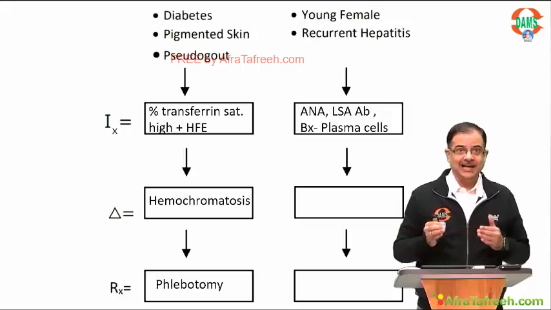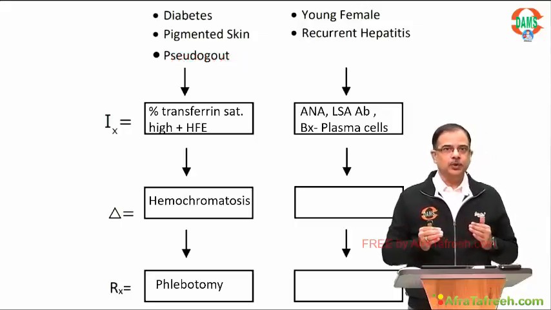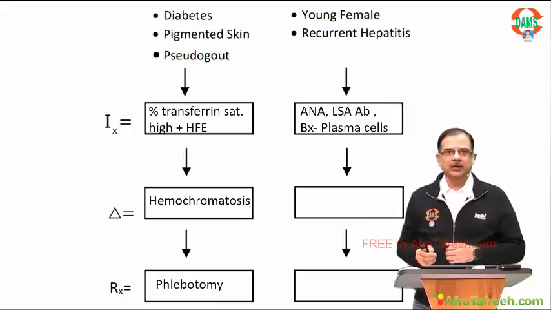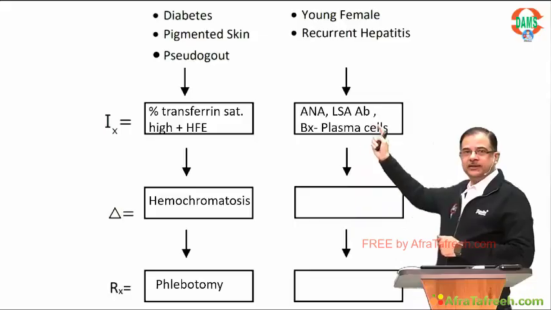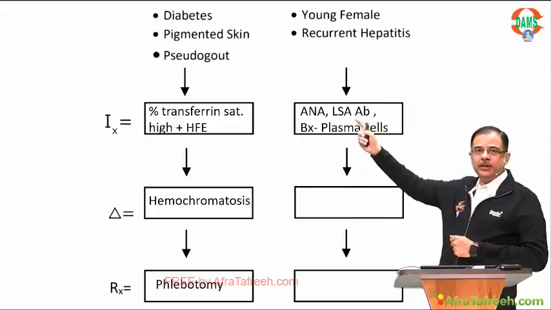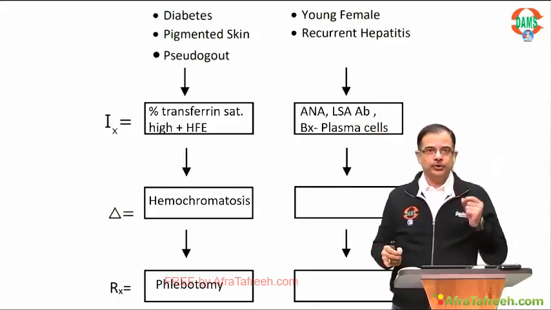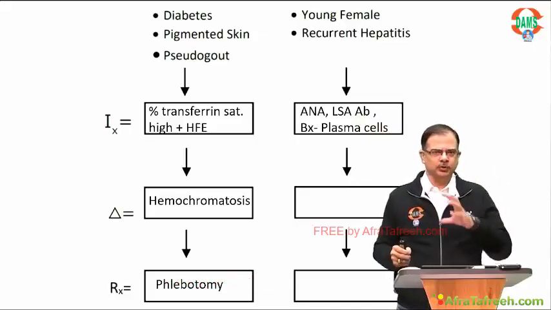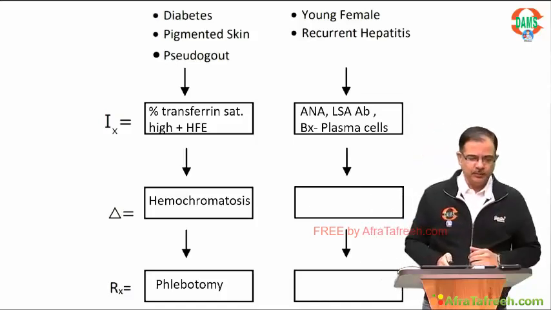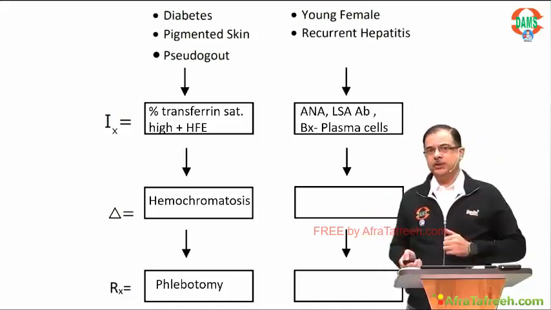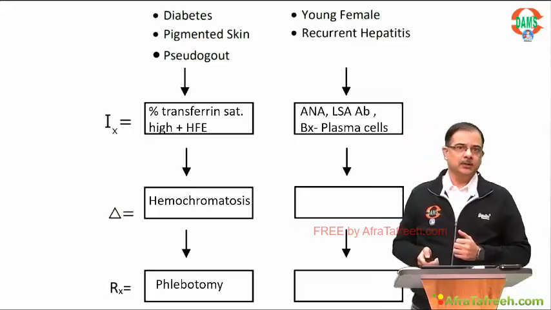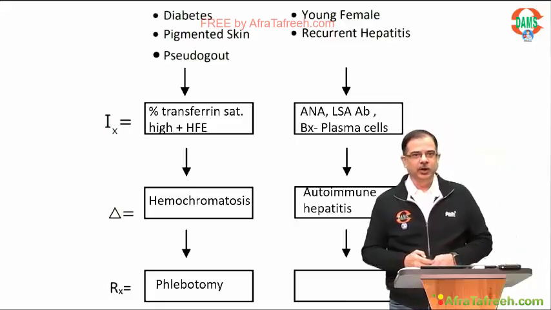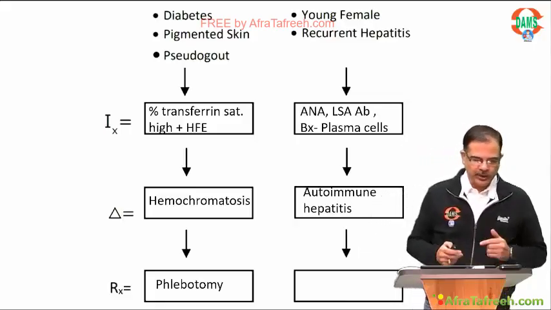What is LSA? Liver soluble antigen antibody. This antibody is the most specific antibody of autoimmune hepatitis. Most specific, though sensitivity is very poor. And the biopsy of the liver shows plasma cells. So the 100% answer is yes. Very nice. It is autoimmune hepatitis.